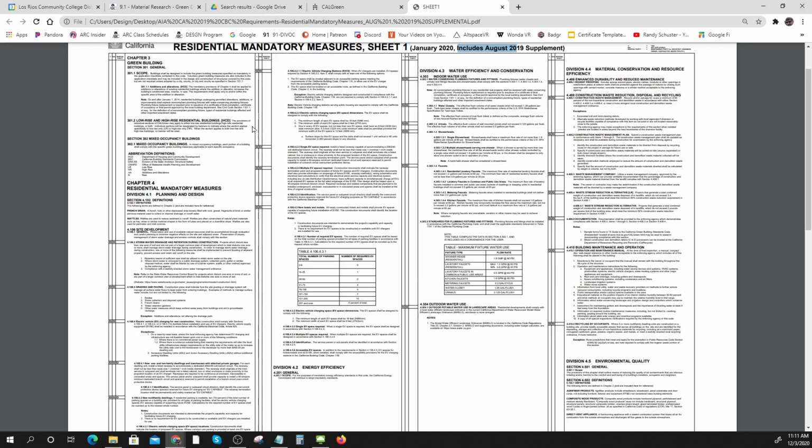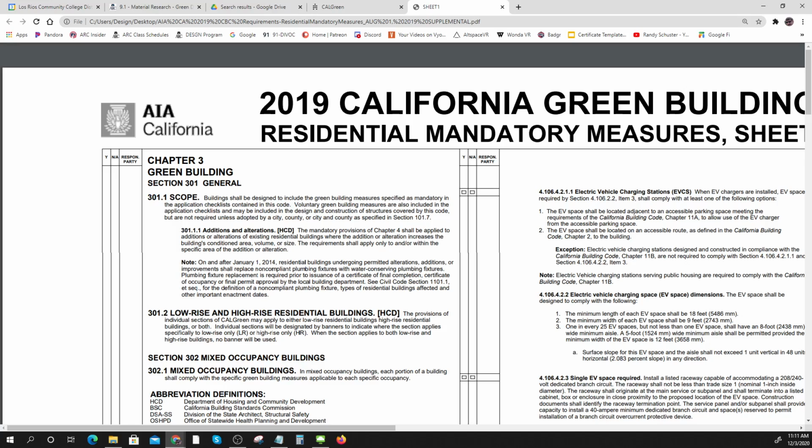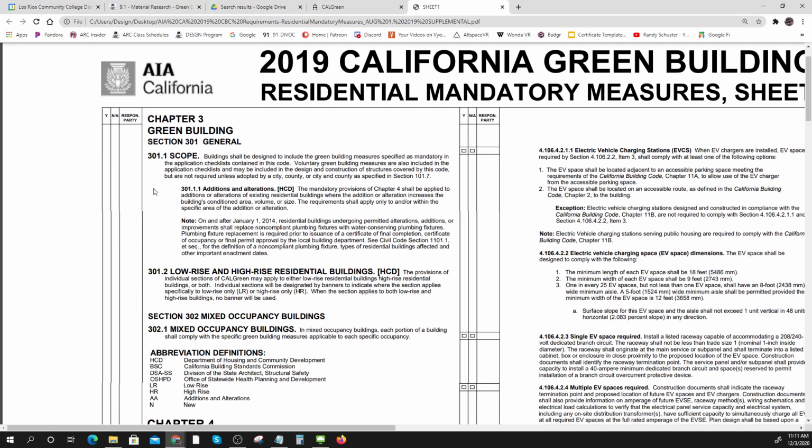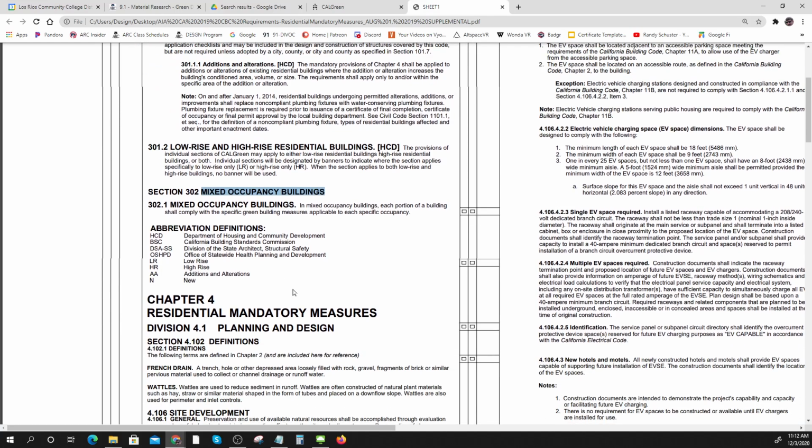So let's take a look and see what applies. And again, this is for information only. There's just general information about green building and what it applies to: low rise, high rise residential, mixed occupancy buildings, some abbreviations.